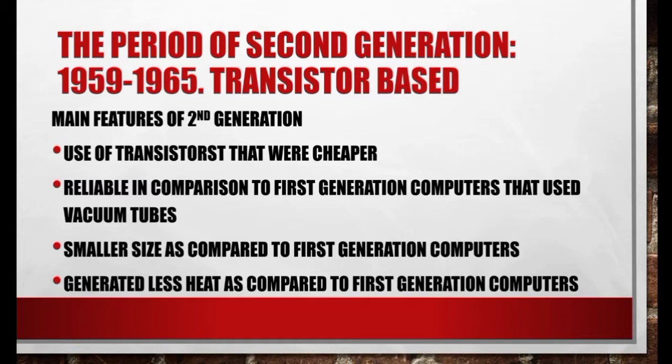They were smaller in size and generated less heat. You notice that the disadvantages of the first generation are the advantages in the second generation, as you overturn them. Those were the main features.